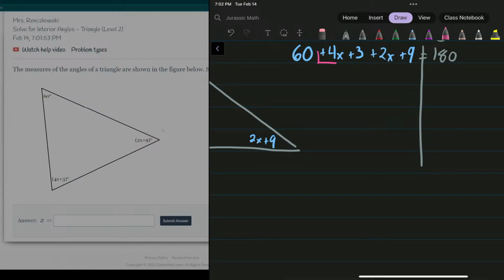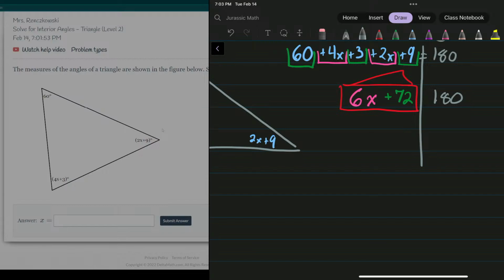So we have 4 donuts plus 2 donuts, that's a total of 6 donuts. Then we have 60 plus 3 is 63, and 63 plus 9 is 72. Equals 180. And now we can just do house method.